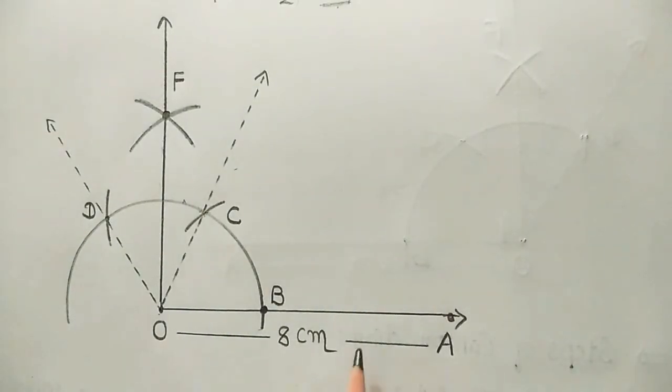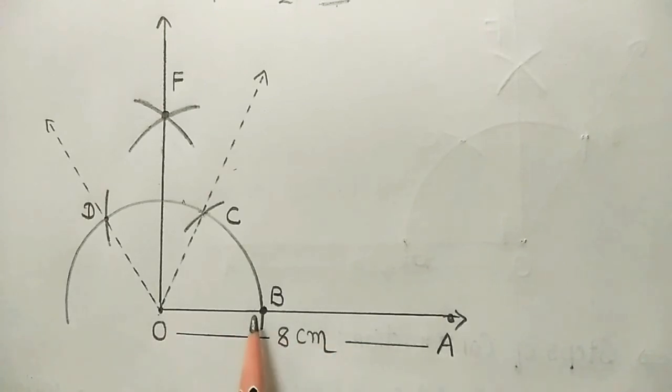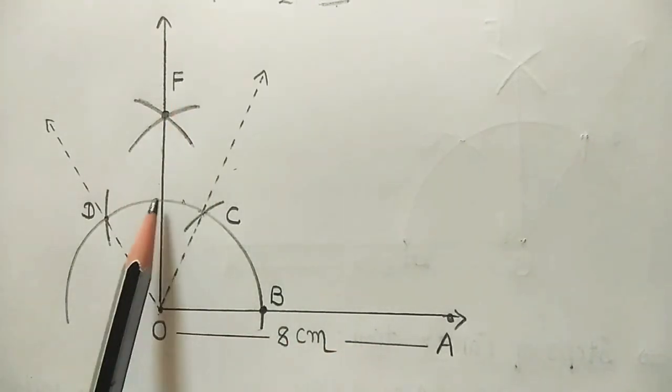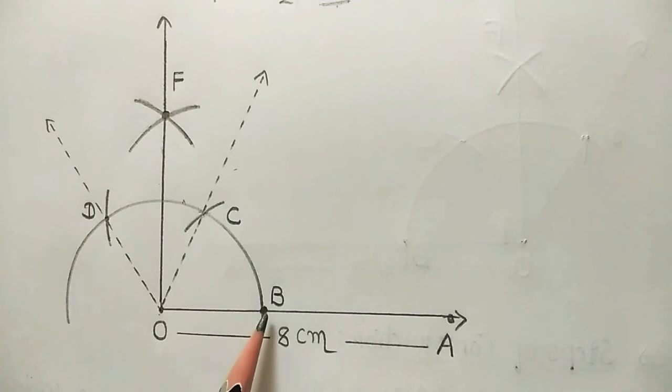So angle AOF, that is a 90 degree angle. Now we have to make half of 90 degree as we want 45 degree. So which angle is 90 degree? AOF. So this whole angle is 90 degree, right? So what will we do?